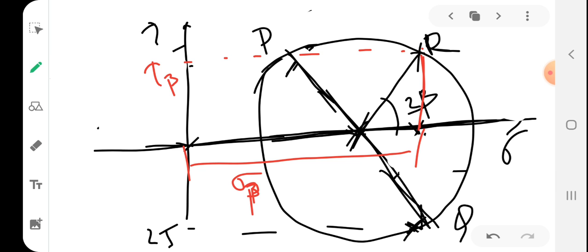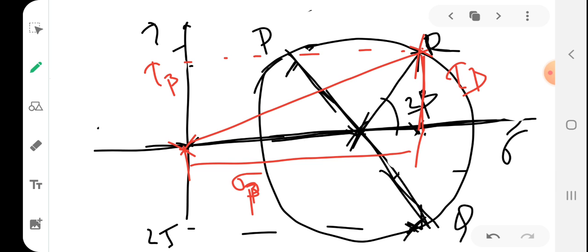And if you need the resultant, what you have to do is calculate tau beta squared plus sigma beta squared. Since this is tau beta and this is sigma beta, you just measure this value.